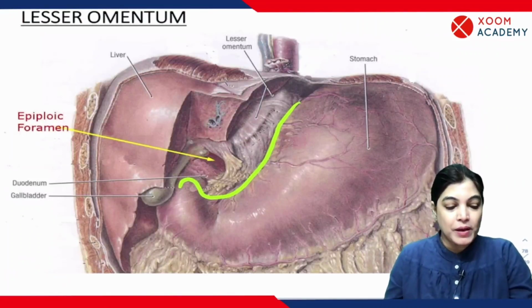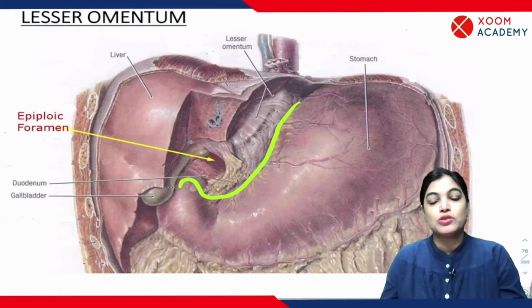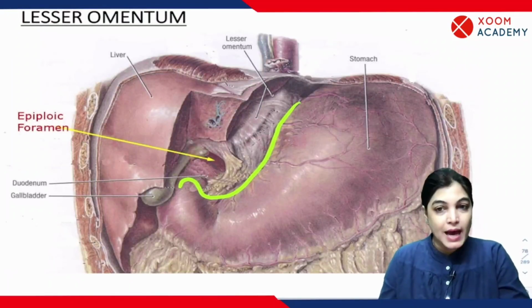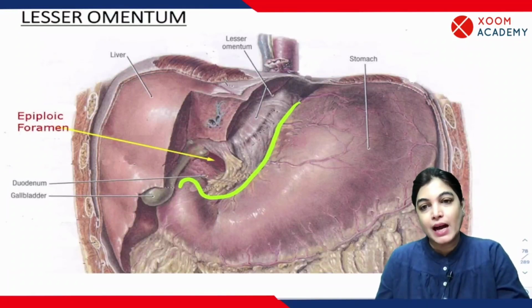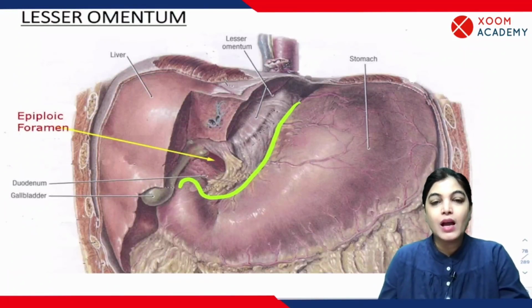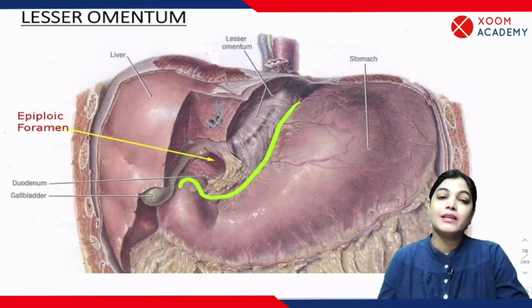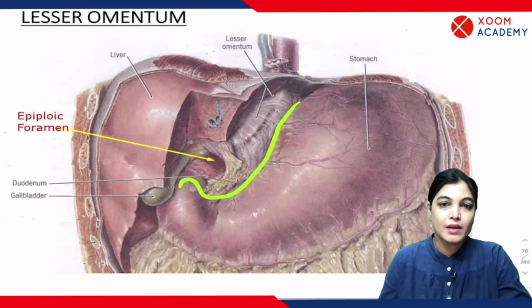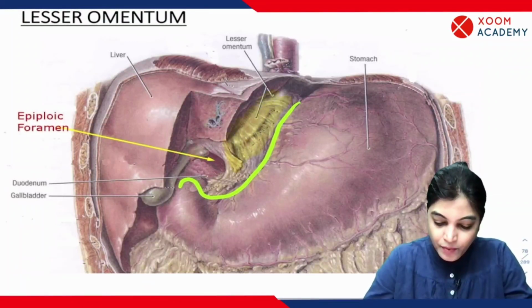Superiorly, it is attached to the porta hepatis of the liver along with the fissure of the ligamentum venosum. And inferiorly, it is attached to the lesser curvature of the stomach and the initial part of the duodenum. So, exactly this is the lesser omentum.